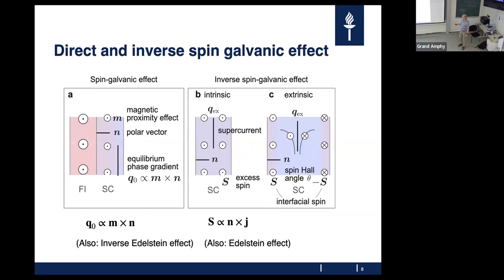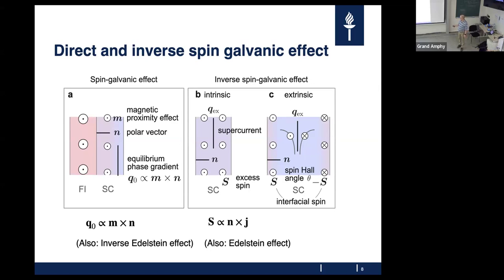Okay, so if we look a bit closer at what this galvanic effect and its inverse are. As I told already, if you have the magnetization, let's say in the out of plane direction, let's say in the y direction here, then there is a polar vector describing the spin-orbit coupling, which is now the vector pointing between the ferromagnetic insulator and the superconductor.